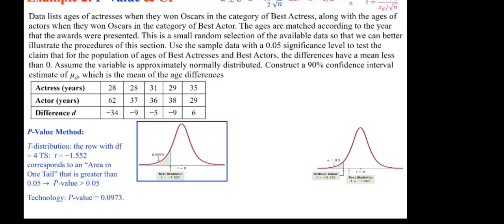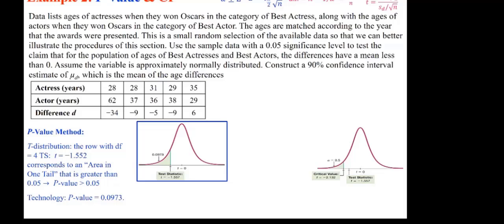But if you go to the t-distribution table, and we've done it a number of times by now, you should be comfortable with that. So you look at the row with degrees of freedom of 5 minus 1, or 4. And the test statistic is negative 1.552. And it corresponds to an area in one tail that is greater than 0.05.